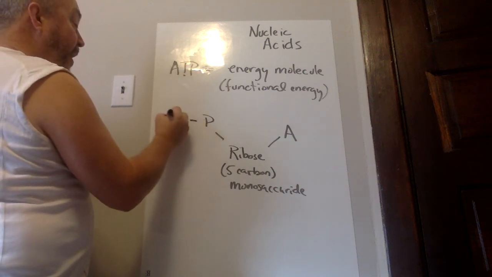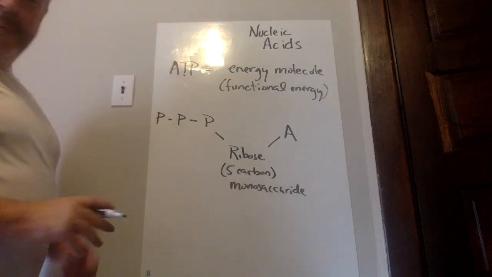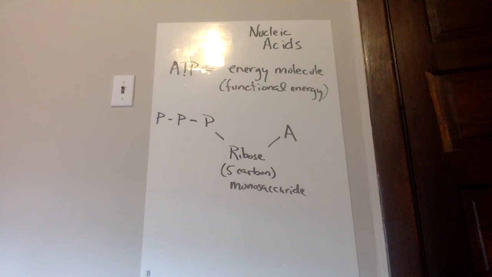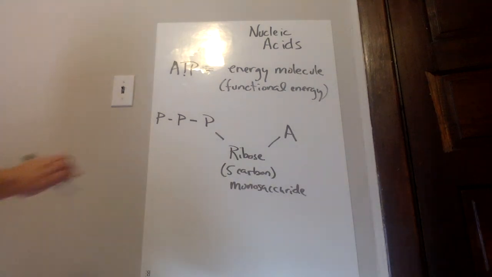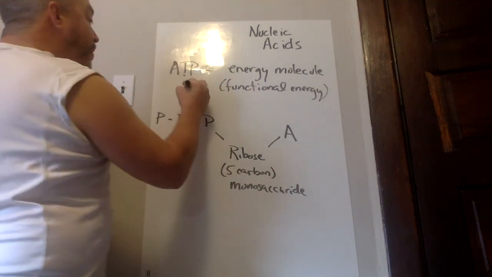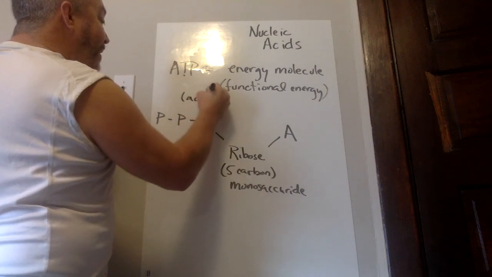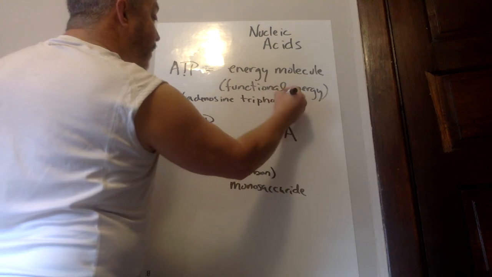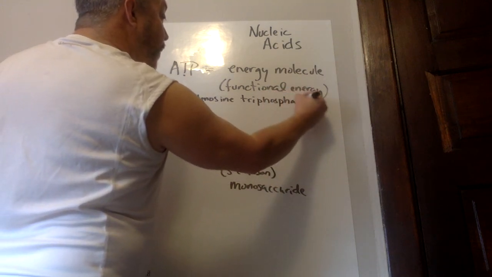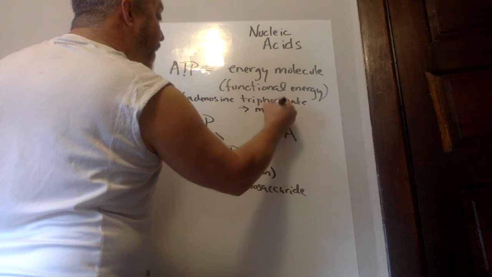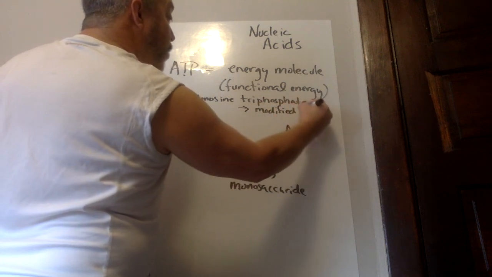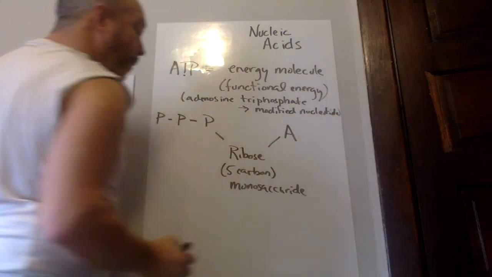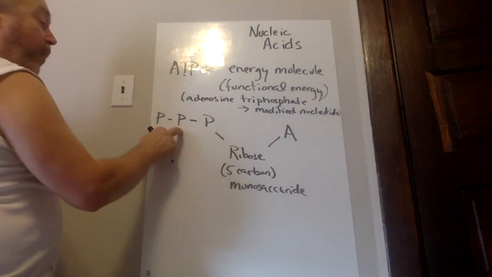So we're going to take that basic nucleotide molecule and modify it by adding 2 more phosphates. So ATP stands for adenosine triphosphate, and it is a modified nucleotide. So instead of 1 phosphate, we're going to have 3.